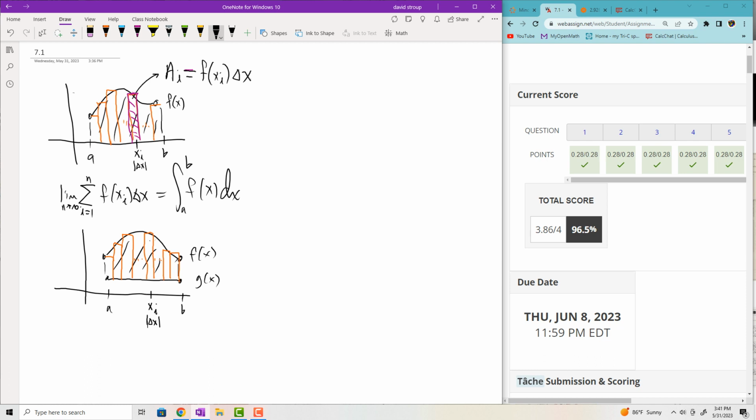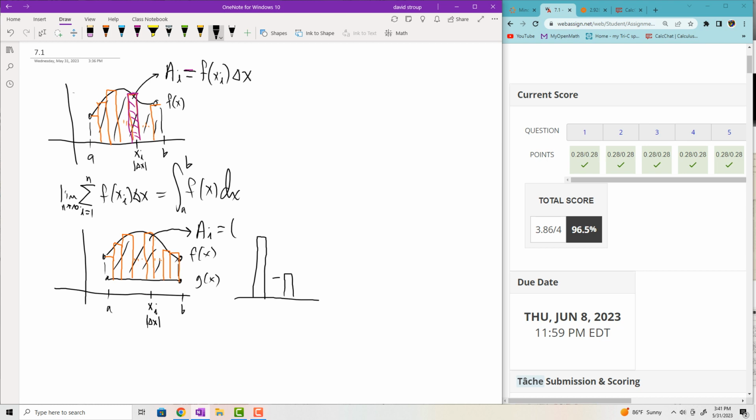That's going to be a difference. The area of that is just the height of it, which is the difference between the distance from the x-axis to f of x, which would be this distance, minus the distance from the x-axis to g of x, which would be this smaller distance.